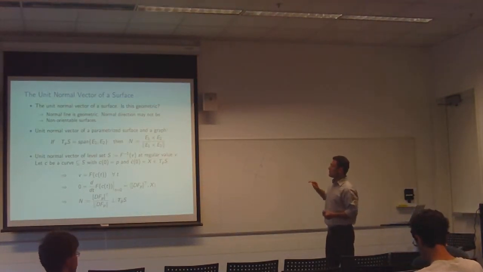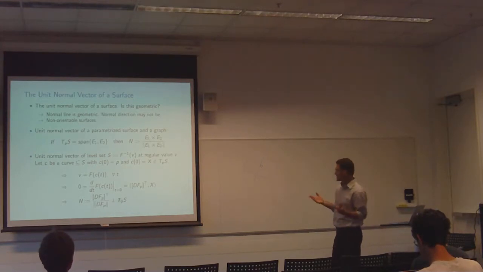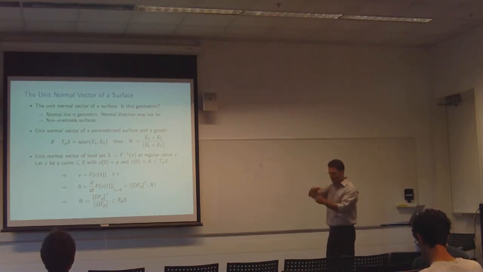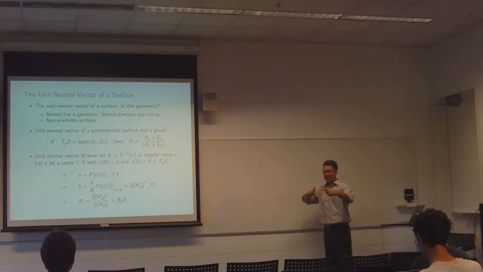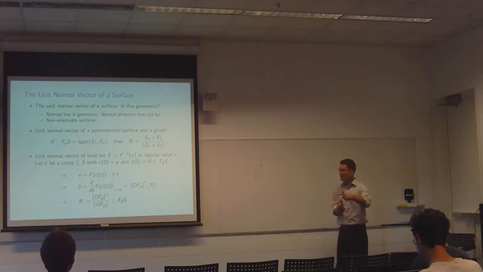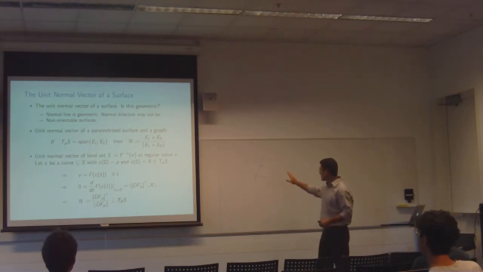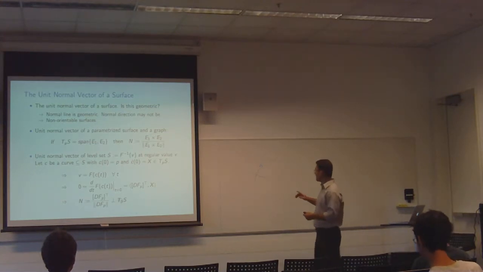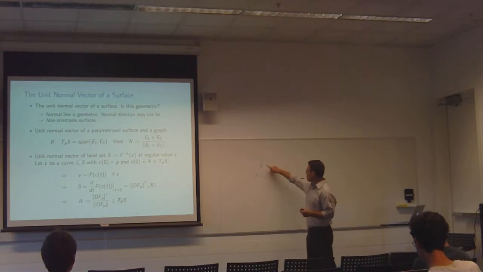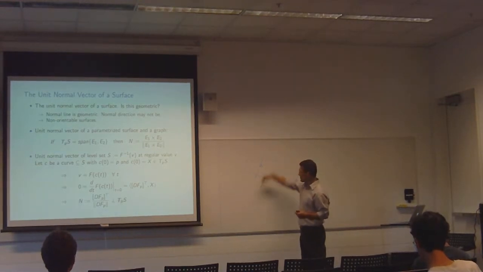Okay, so the normal line is a geometric thing. Why is it geometric? Because the tangent plane is a geometric object. And once you have a tangent plane, there's one and only one unique normal direction to a tangent plane. But more than that, you can't really say. In fact, you can't even say which direction is up, which direction is down.